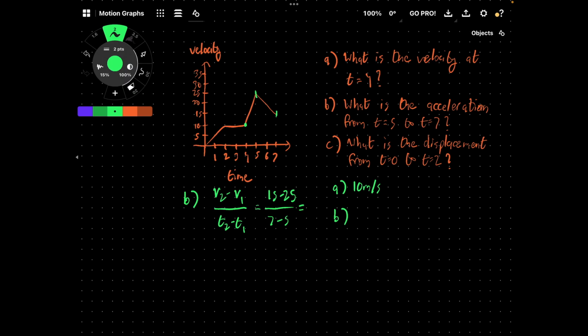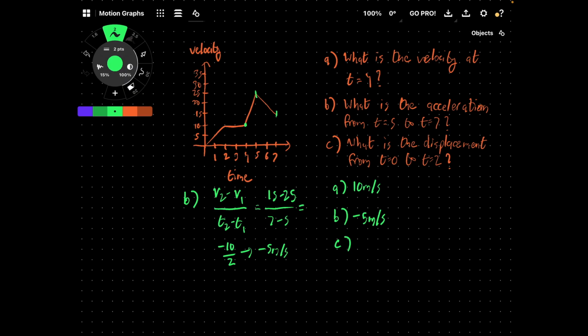Then what happens after that is it becomes negative 10 divided by 2, or it becomes equal to negative 5 meters per second. So the answer to the second part is negative 5 meters per second.